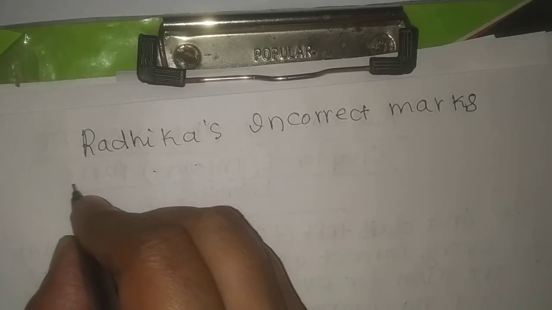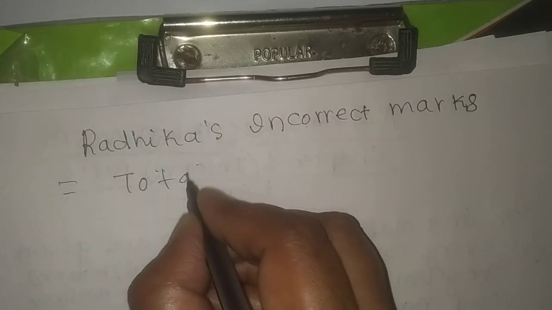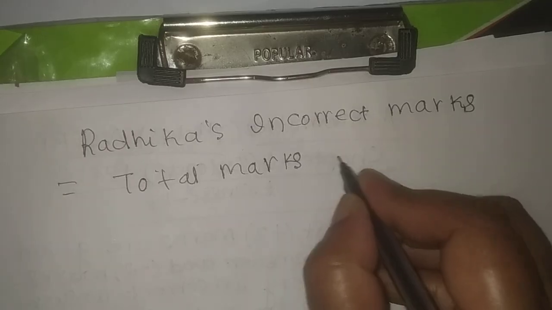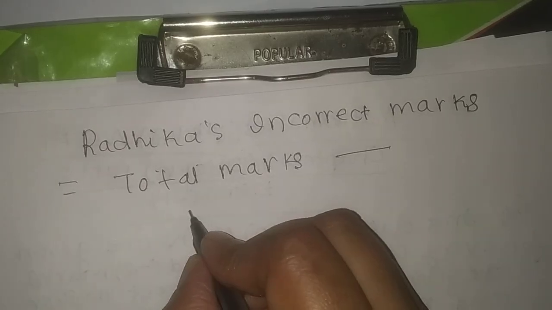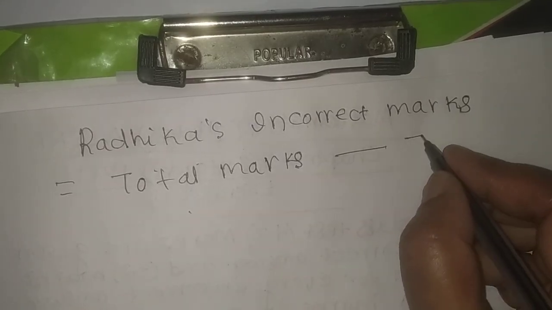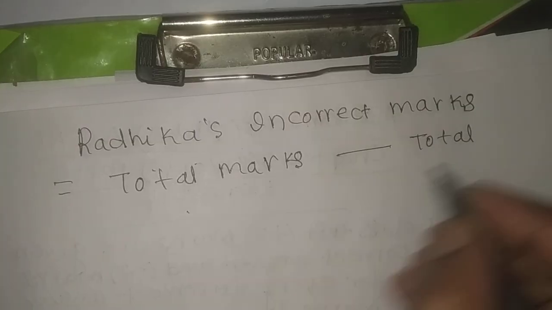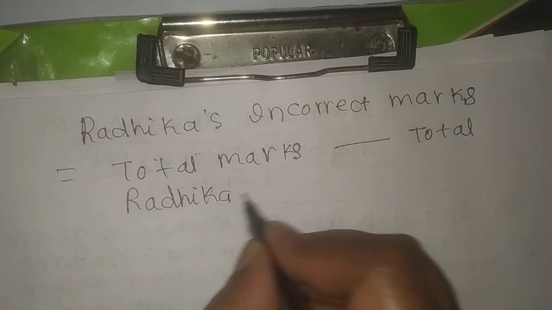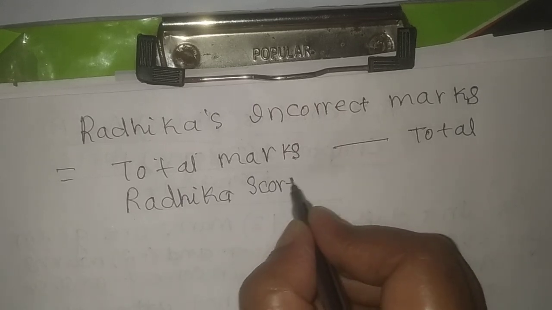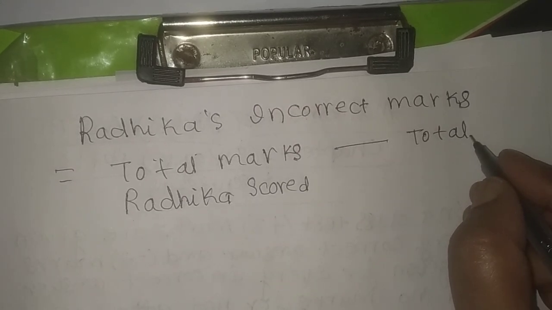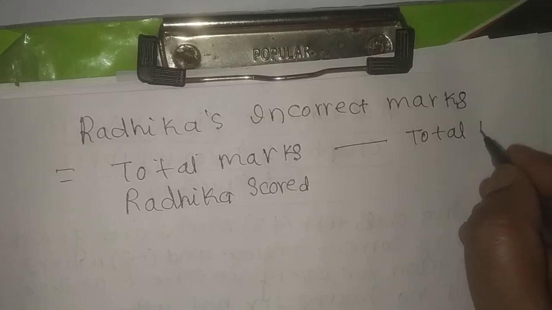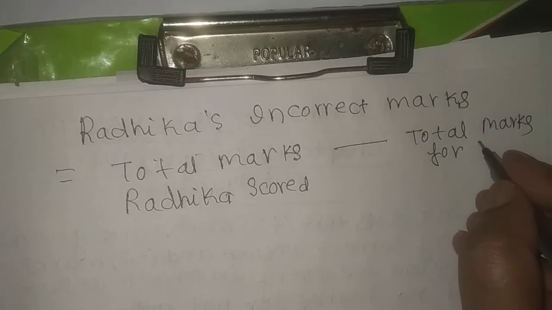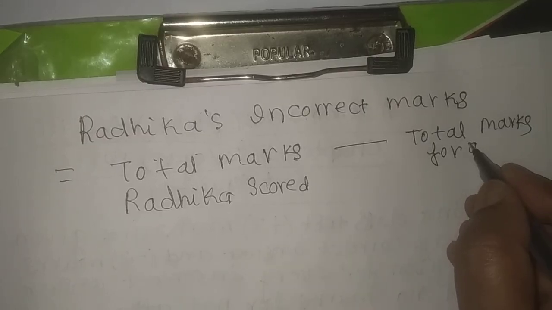So incorrect marks is equal to total marks minus total marks for correct answers.